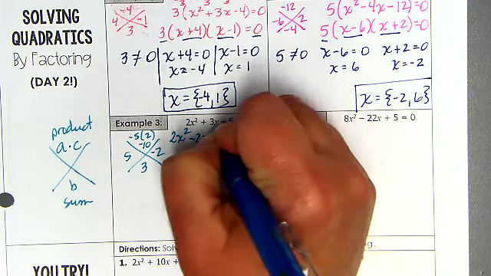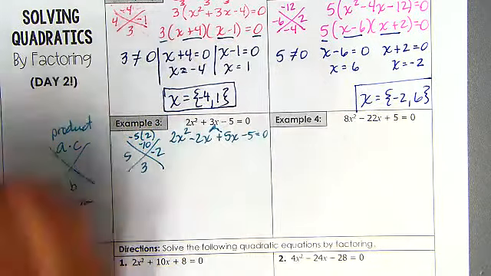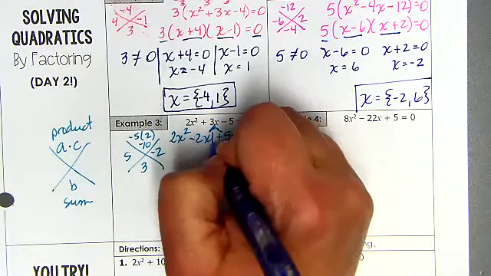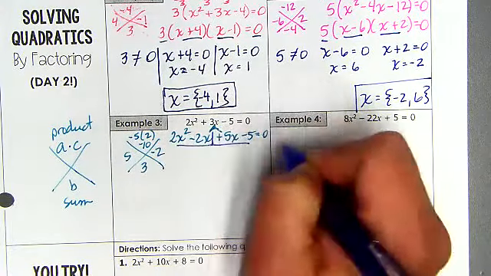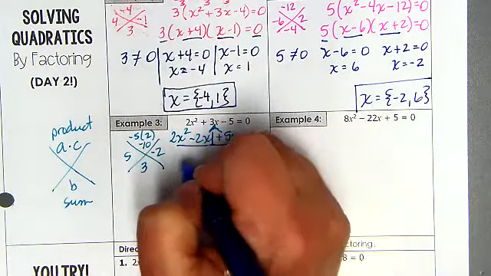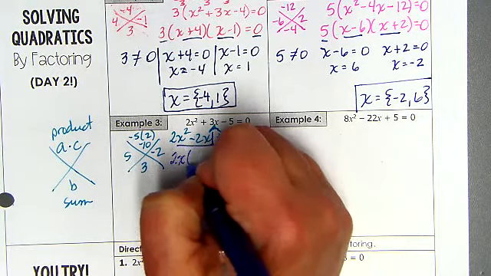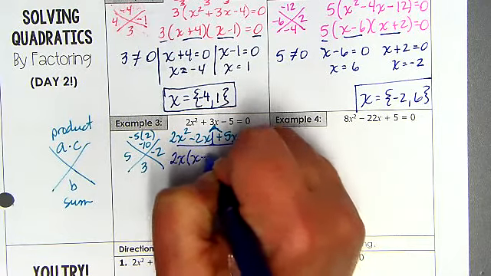So I'm breaking these two up. And now you can do the box method or you can do the grouping. I like the grouping. It just makes the workflow better. So then we have 2x and left x minus 1.